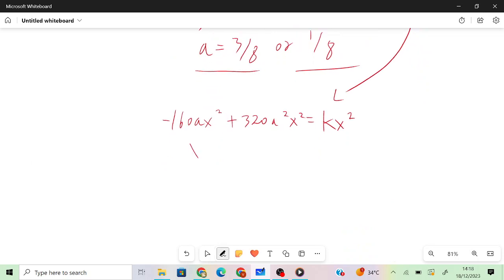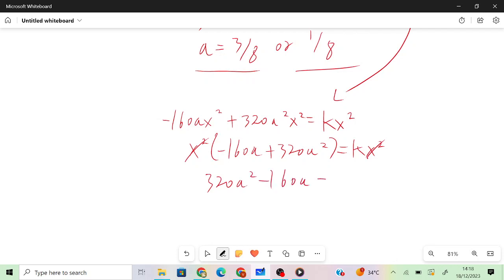And again, doing our factorization, we have minus 160a plus 320a squared equals k. This and this cancel, so eventually rearranging everything, you get 320a squared minus 160a minus k equals 0.